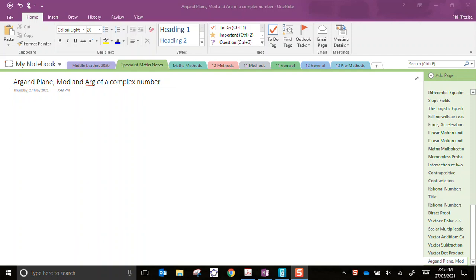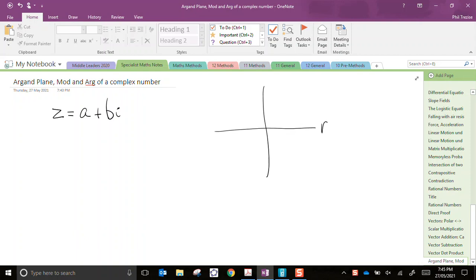Hi everyone, this lesson is about complex numbers, how we represent them in the Argand plane, and what the modulus and the argument of a complex number are. So if we take a complex number z, like just a generic a plus b times i, then we represent this sometimes on a two-dimensional plane where this is the real axis, sometimes called X, and it's a capital X, and this is the imaginary part on the vertical axis, sometimes called Yi.